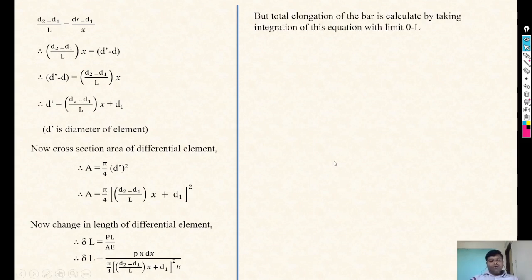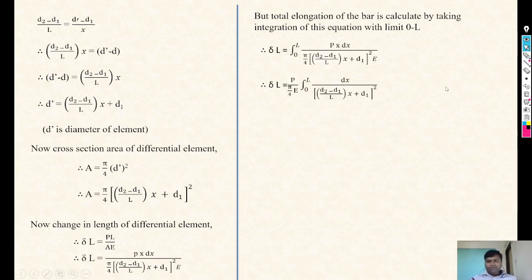So for the total elongation, means actual elongation, for the calculation of actual elongation or the total elongation, we need to integrate this equation with respect to x by taking limits 0 to L, because the total length of the cross section is L. Okay, so just consider 0 to L integration. Put all these equations here.